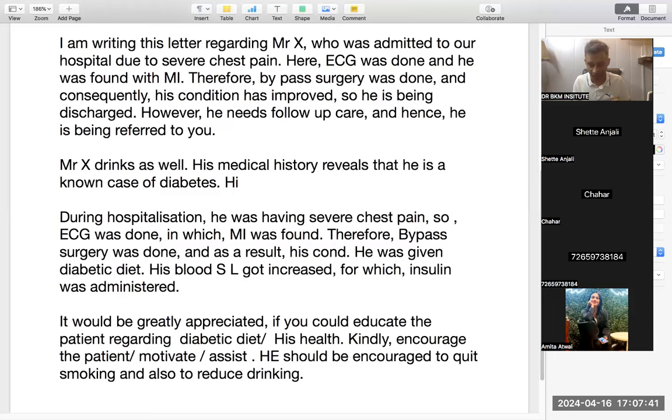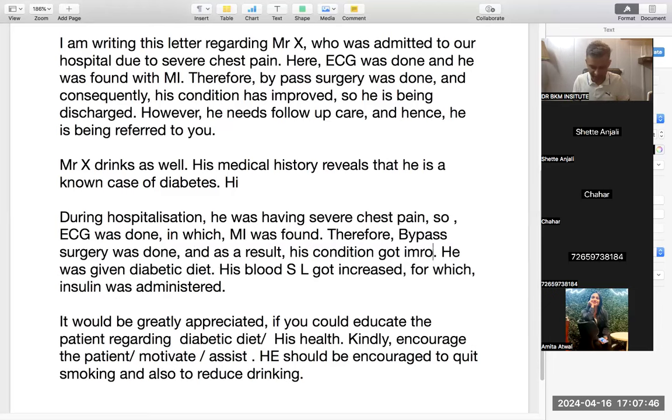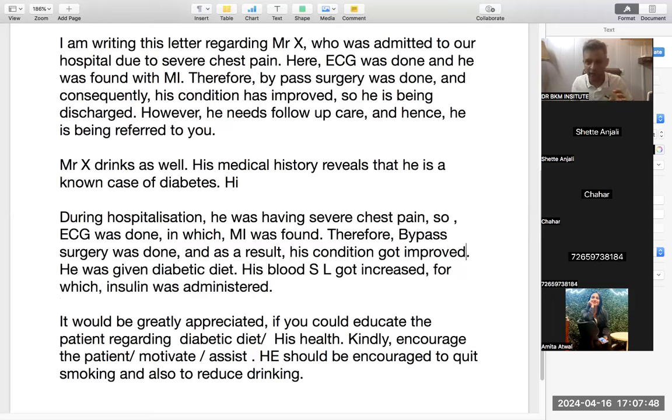So today I have told you the main word, and this is the place where you make maximum grammar mistakes. Always write got improved, got decreased, got increased. If any parameter, blood sugar level, anything is increasing or decreasing, you say got increased or got decreased. Never say blood sugar level was decreased. That means it is a passive voice: blood sugar level was decreased by us. That is the main thing. That was the main point of discussion today.